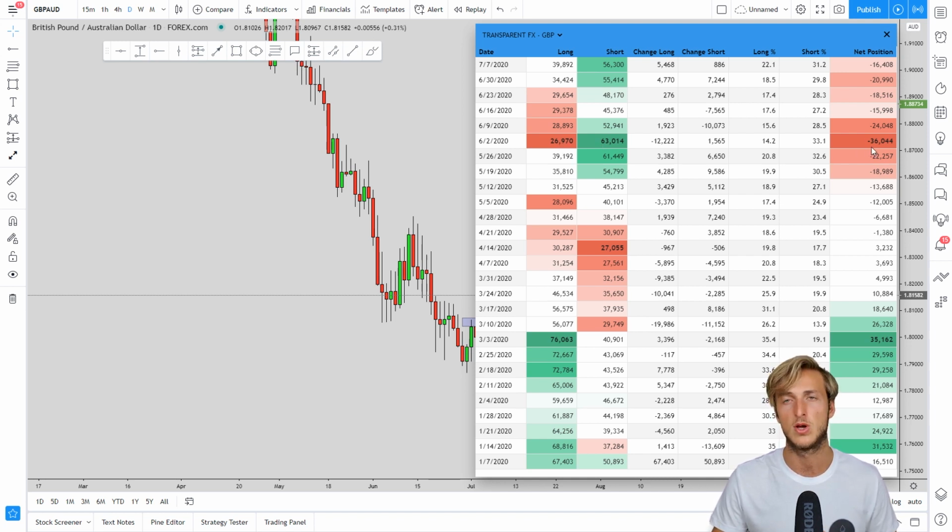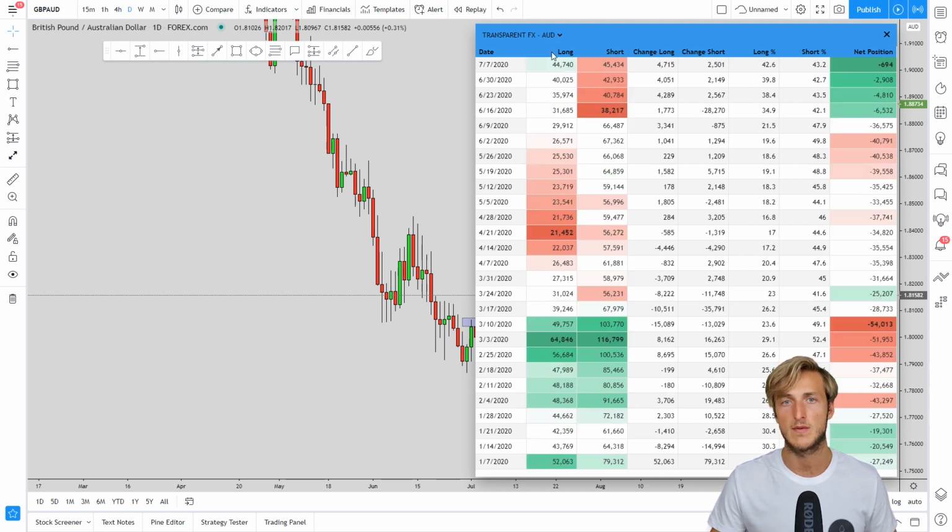But in the short term, what we can see is that the GBP has been getting stronger and stronger, with a lot of shorts getting closed and a lot of longs getting added. In fact, what you can see with the last report is that they opened another 5.4k long positions, bringing the longs at 39k, and the net positions clearly increasing from minus 36k to minus 16k.